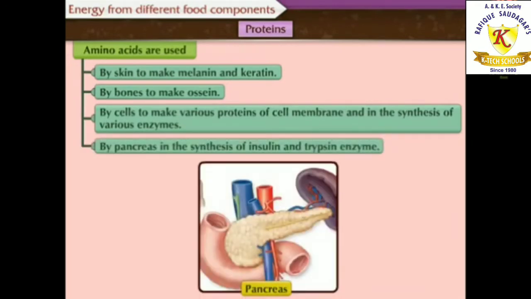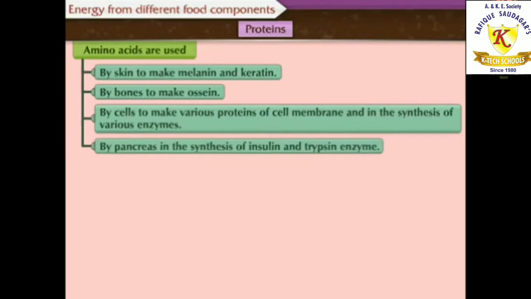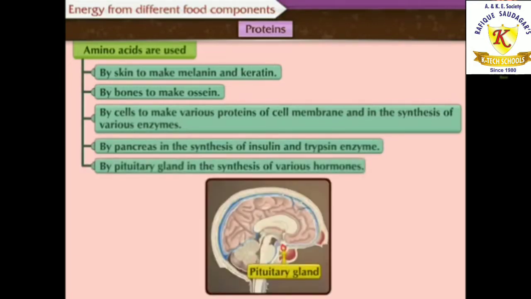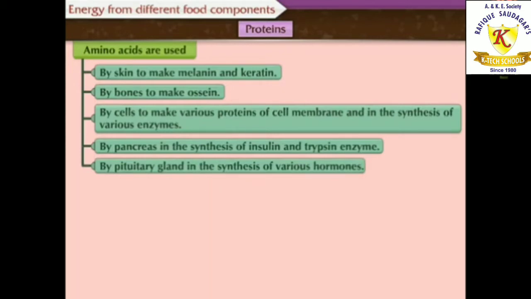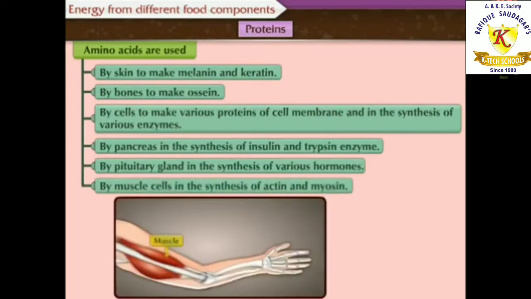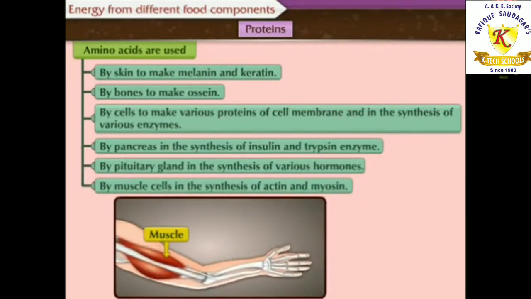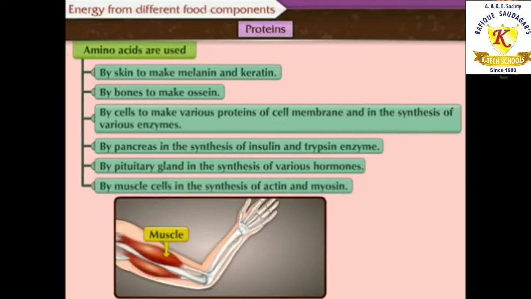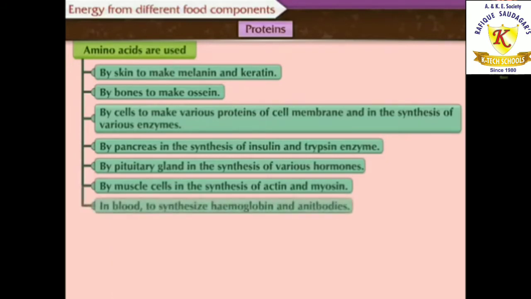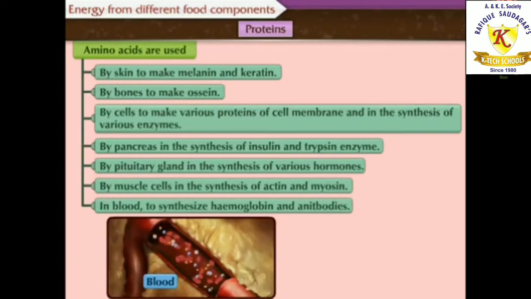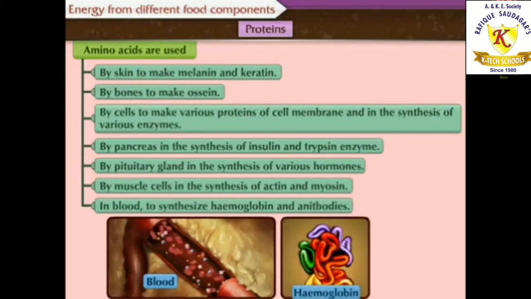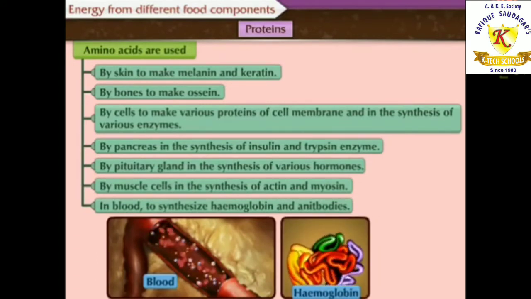By pancreas in the synthesis of insulin and trypsin enzyme, and by pituitary gland in the synthesis of various hormones, and also by muscle cells in the synthesis of actin and myosin. Also in blood to synthesize hemoglobin and antibodies.